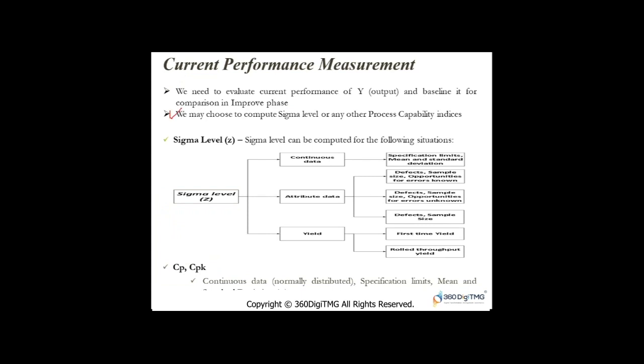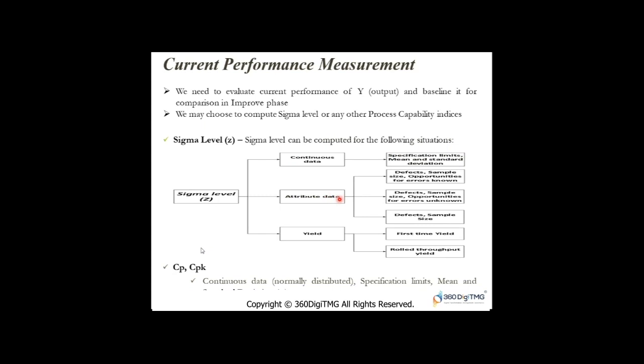All right. We may choose to compute sigma level or any other process capability indices. So this is how we do that. Let me erase everything. Sigma level can be computed for the following situations. If you have continuous data, and if you have specification limits, mean and standard deviation, this is how you calculate.